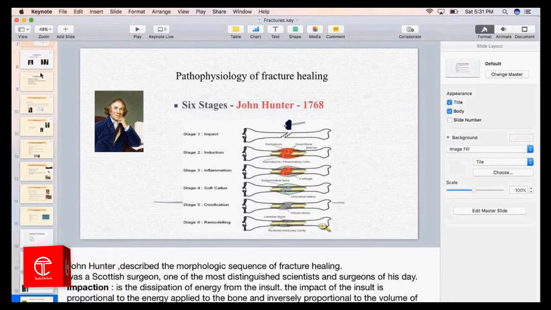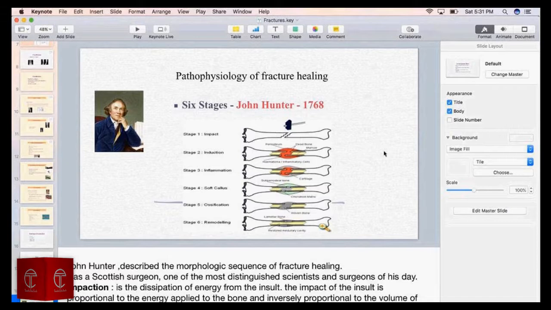Exactly, good. Then of course he described Hunter's canal or the subsartorial canal. Yes, sir. Then he is the person who described the popliteal aneurysm. It is the commonest peripheral aneurysm in our body.